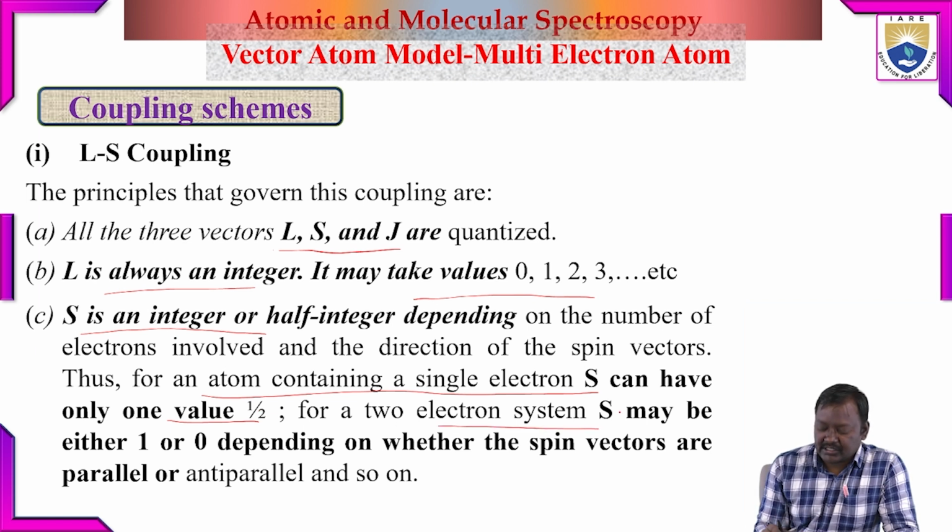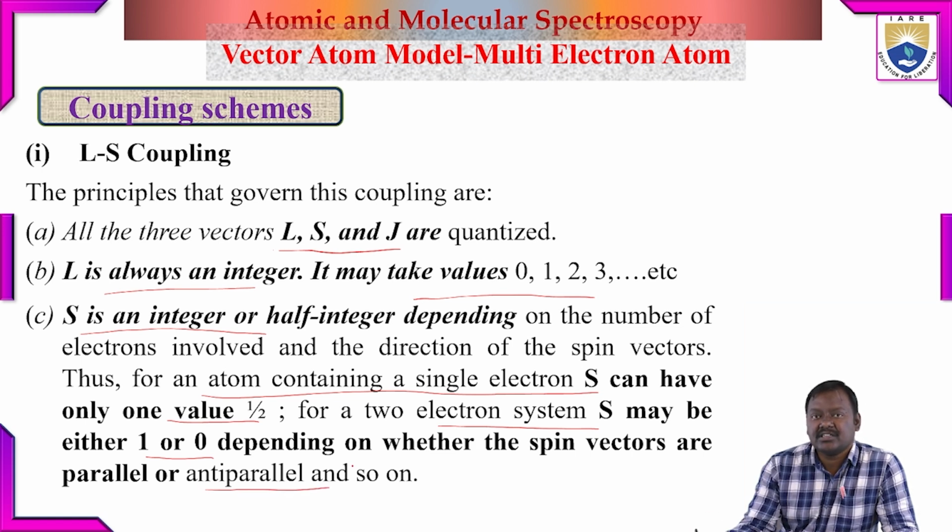For a 2 electron system, S may have either 0 or 1 depending on whether the spin vectors are parallel or anti-parallel. As we discussed in the earlier slides, if there are an even number of electrons present in the atom, then we can have integer values 0, 1, 2, 3. For an odd number of electrons in an atom, we can have half odd integer values like 5 by 2, 3 by 2, 1 by 2.